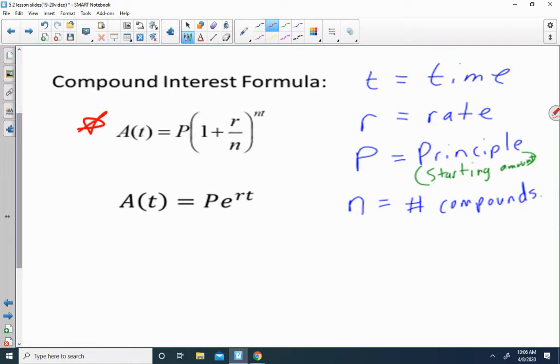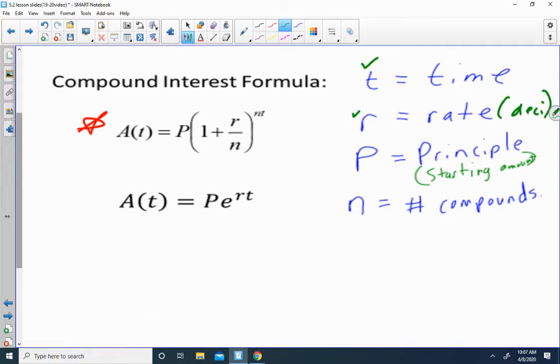Here's the main formula for compound interest, where you have P times parentheses 1 plus R over N, and then raised to the power of N times T. And each of these letters represents something different. Well, you know the T obviously represents time. The R represents the rate, and the rate will usually always be in decimal form.